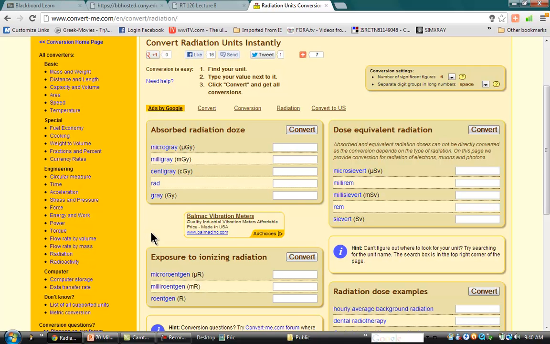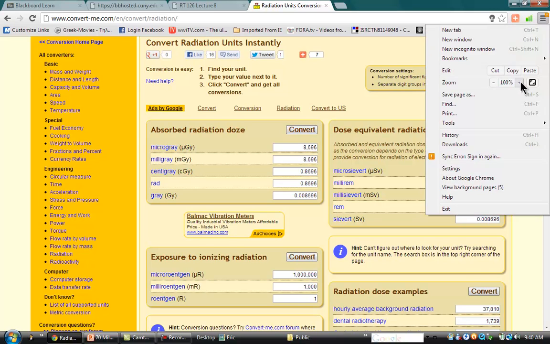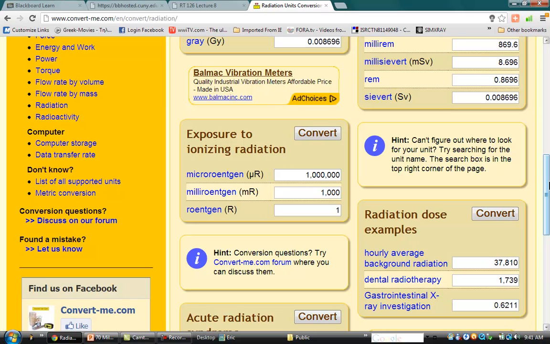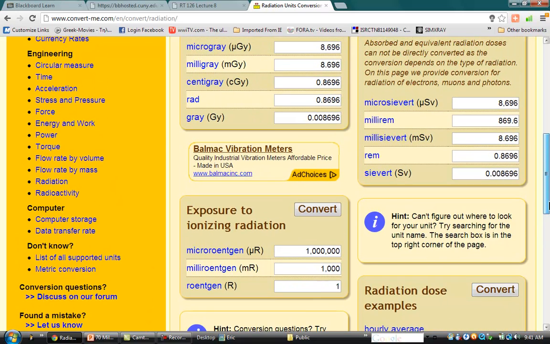The way this works, though, is somewhat interesting. If I put in a number, everything changes. So if I put down that this person received 1 roentgen and then hit convert, you'll see that all the numbers change here. Let me magnify this just a little bit. So if you take a look here, 1 roentgen is equal to 1,000 milliroentgen, which is equal to 100,000 microroentgen.